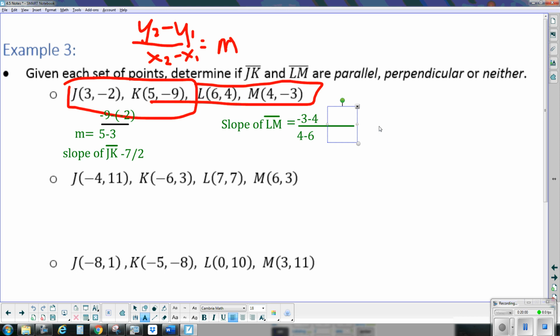Negative 3 minus 4 is negative 7. And 4 minus 6 is negative 2. So the slope of LM is negative 7 over negative 2.